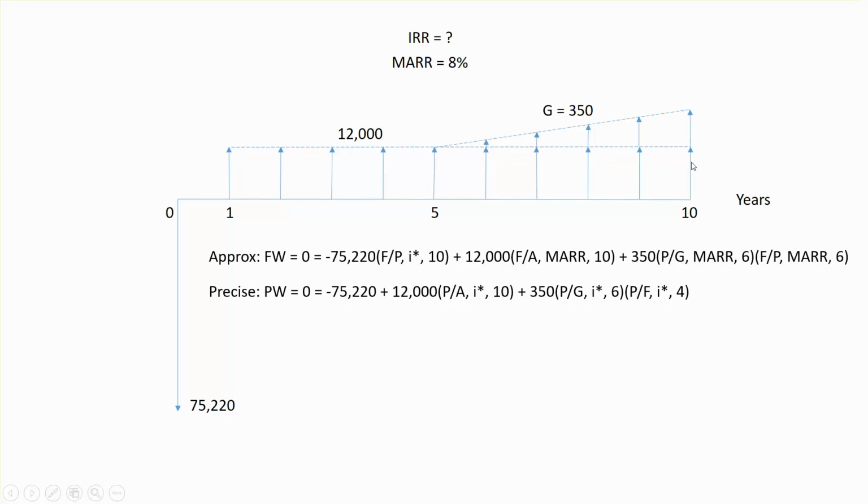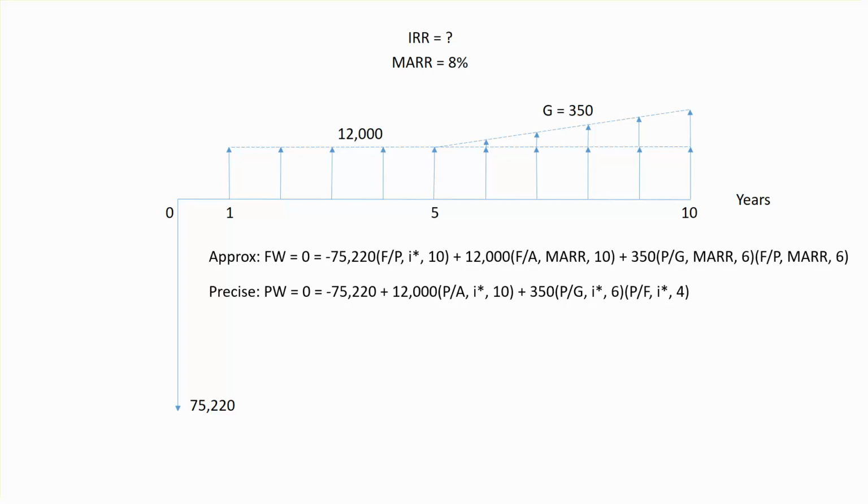Because in the approximate method, we're moving everything to the future worth, whereas in the precise method, we're moving everything as a present worth. Yes, you can also use an annual worth and future worth calculation, setting to 0 with the precise method, and it will work if you make the correct adjustments.